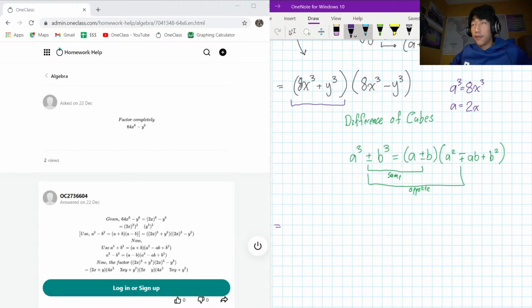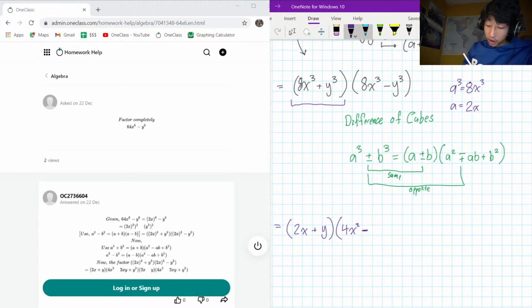Because you can see how if we just cube a, we can get a cubed, and it will all work out. So in this case, since they're added together, we'll have 2x plus y, and then we'll have a squared, so that will be 4x squared, minus ab, so since we had plus in the first place, we have to do negative here.